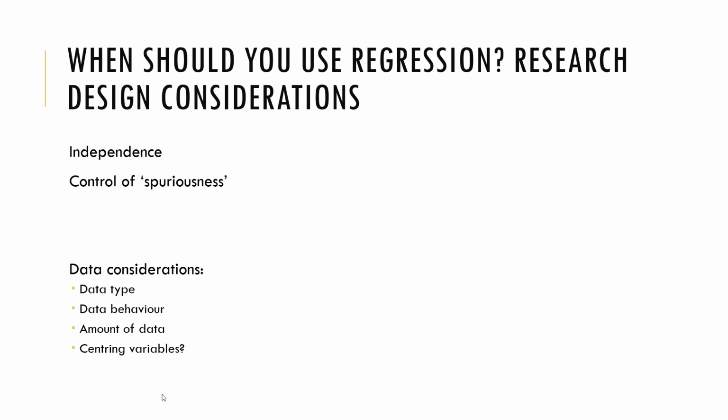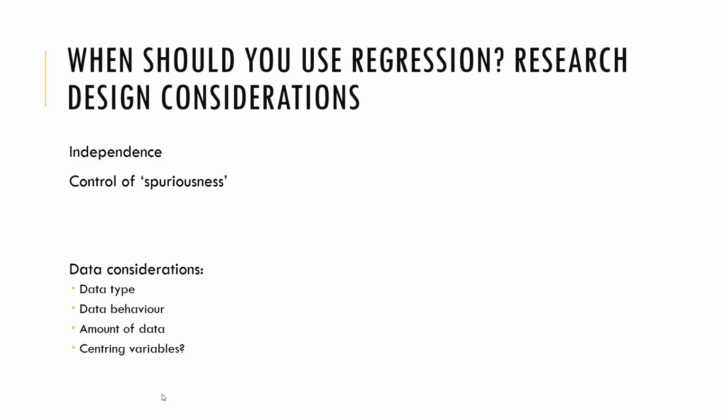In terms of data behavior, your data needs to behave in a particular way for regression to work. It is a parametric test. There are certain assumptions that it makes about the data, and these are things like your error in the model, and this is really important. The error in the model, not the raw data, will be normally distributed. The error will be as spread out at the lower end of your outcome variable as it is at the higher end of the outcome variable.